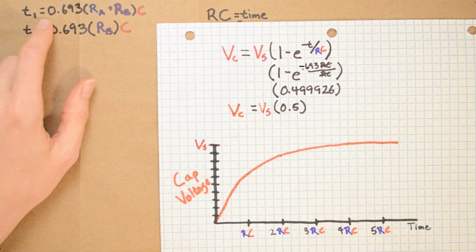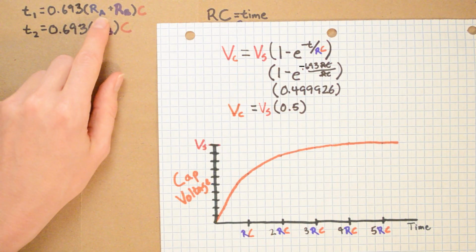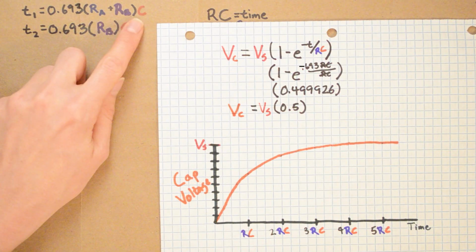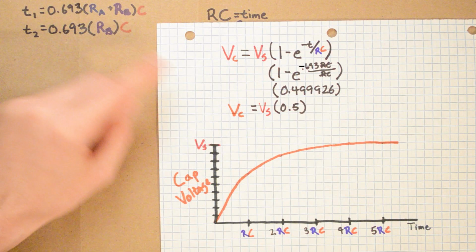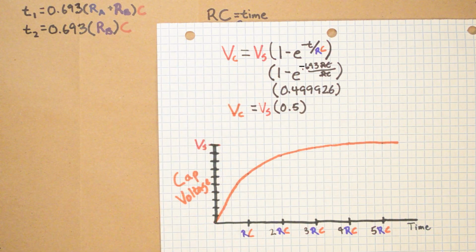So our original formula is telling us that whatever you put in for RA, RB and C, this amount of time is enough to charge the capacitor up to half of the voltage source. This is crazy, right? It doesn't make sense, because what we said in our initial videos is that for the 555 timer to change states from high to low, the capacitor needed to charge up to 2/3 of the voltage source.